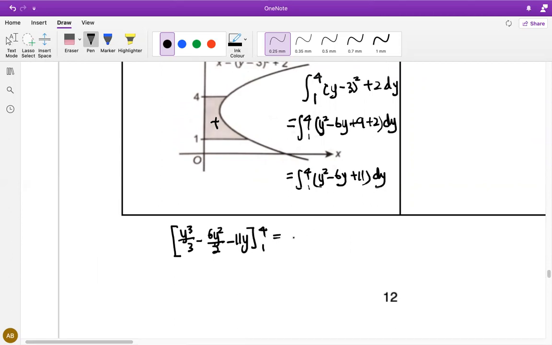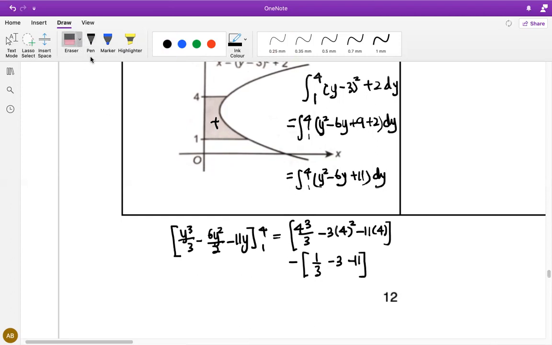Okay, now we can substitute the value in. So it's 4 cubed over 3 minus 3 (6 divided by 2 is 3, right?) times 4 squared, plus 11 times 4. Okay, and then you minus 1 over 3 minus 3 plus 11. All right, so you'll get your answer.